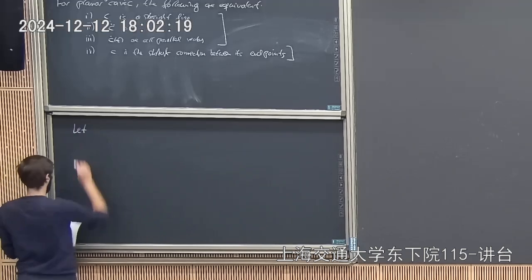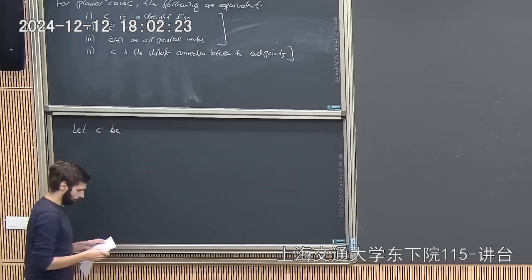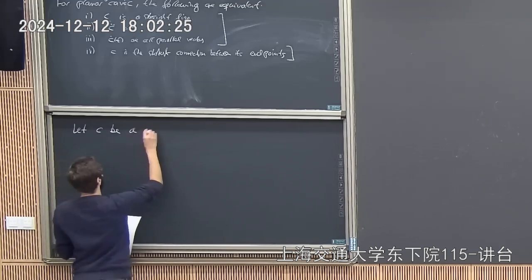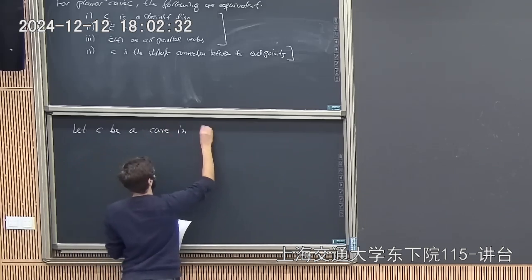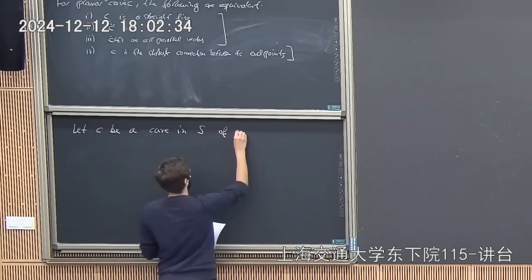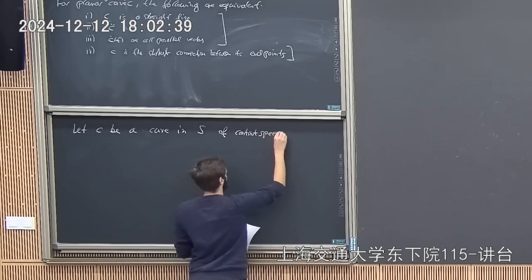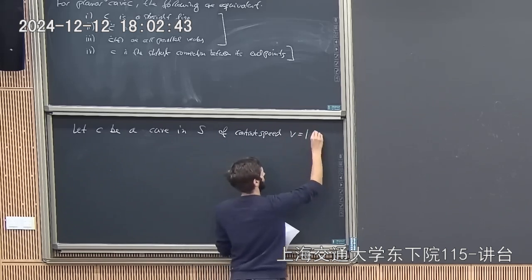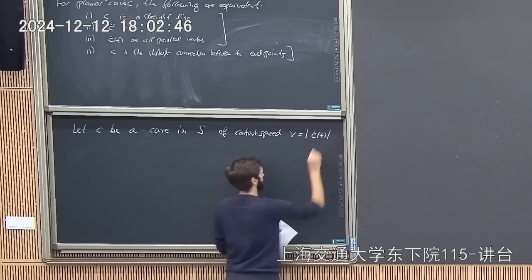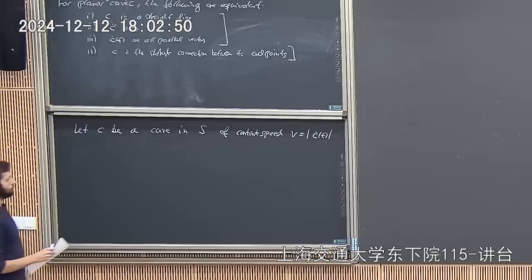So we have a constant speed curve C in the surface S, of constant speed v, which just means that the absolute value or the norm of the tangent vector is constant.